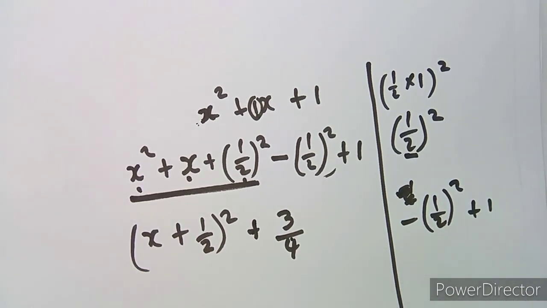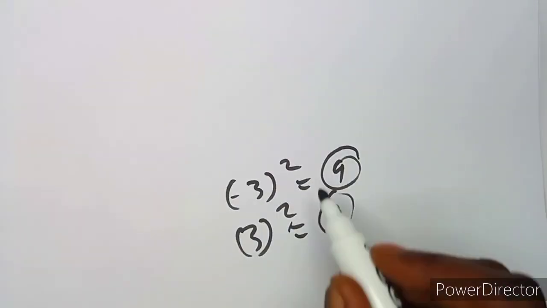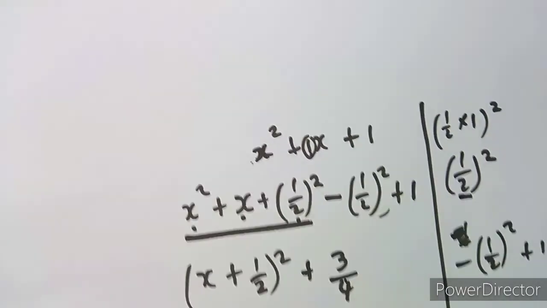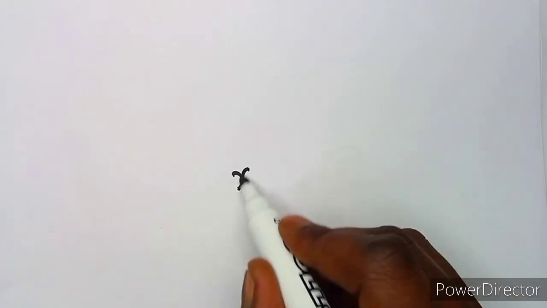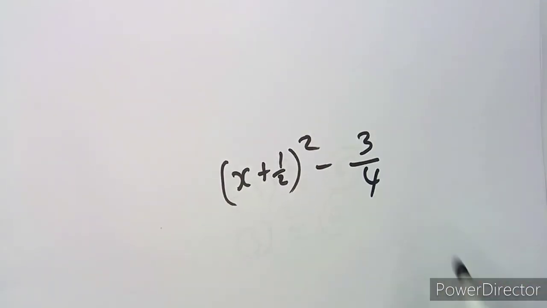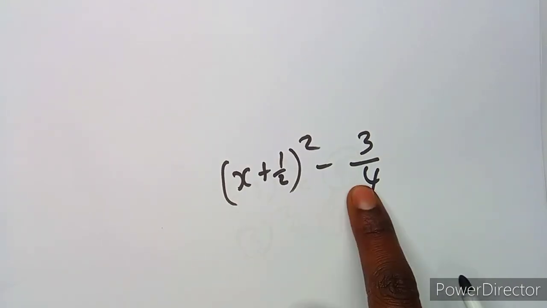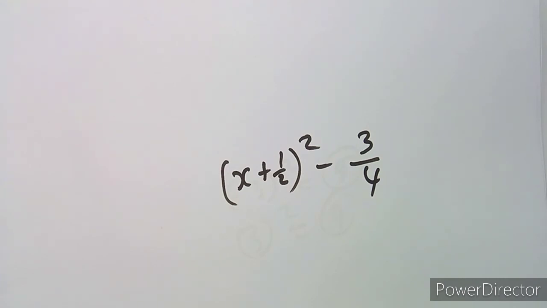Therefore this is going to be positive for all real x. So therefore this is positive because it's a positive expression. Maybe if it was like this, you have completed the square and then obtained something like x plus a half squared minus 3/4, there are possibilities that I can even square a certain value, but when I subtract I can get a negative. It's possible.